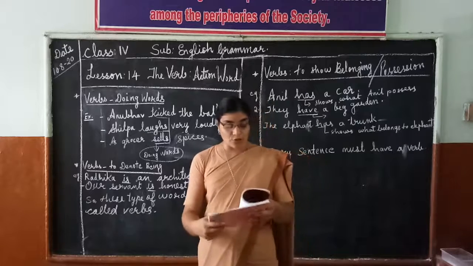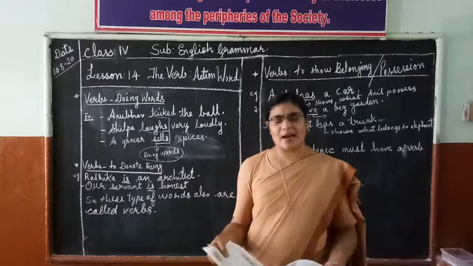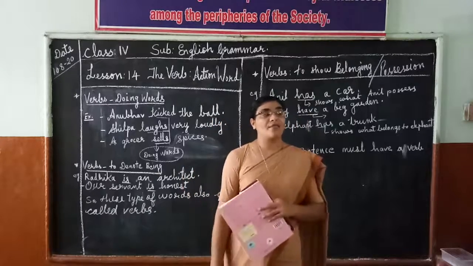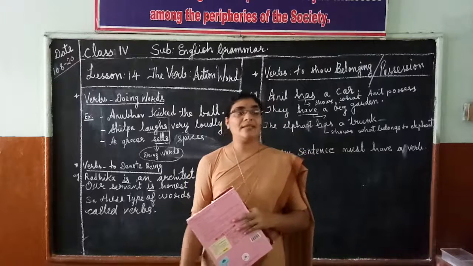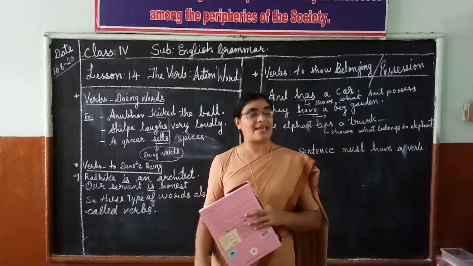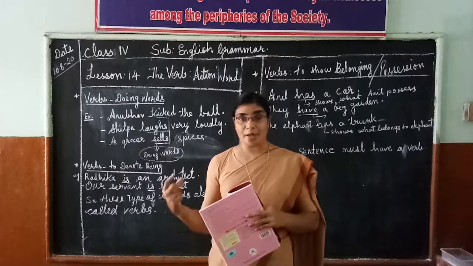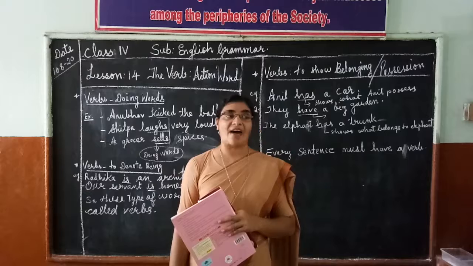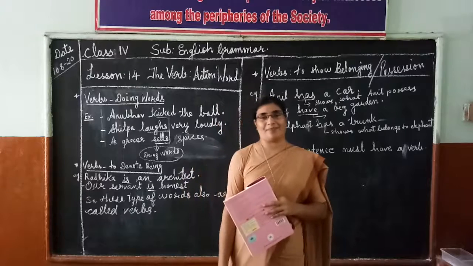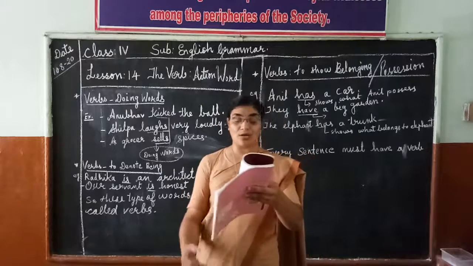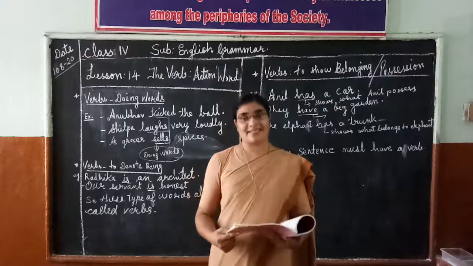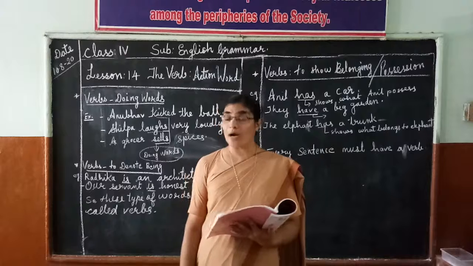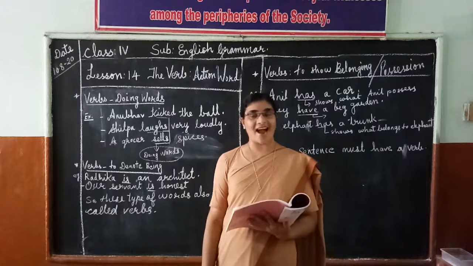And we also know that words like is, are, am, shall be or will be are very important. These verbs often have an adjective after them. An example is given in your book: she is helpful. Now, is is the verb and helpful is the adjective.